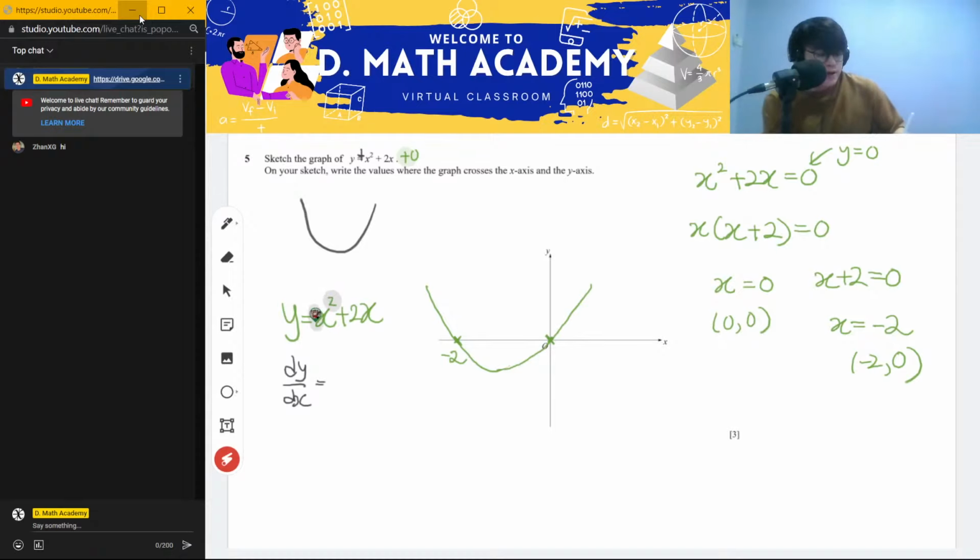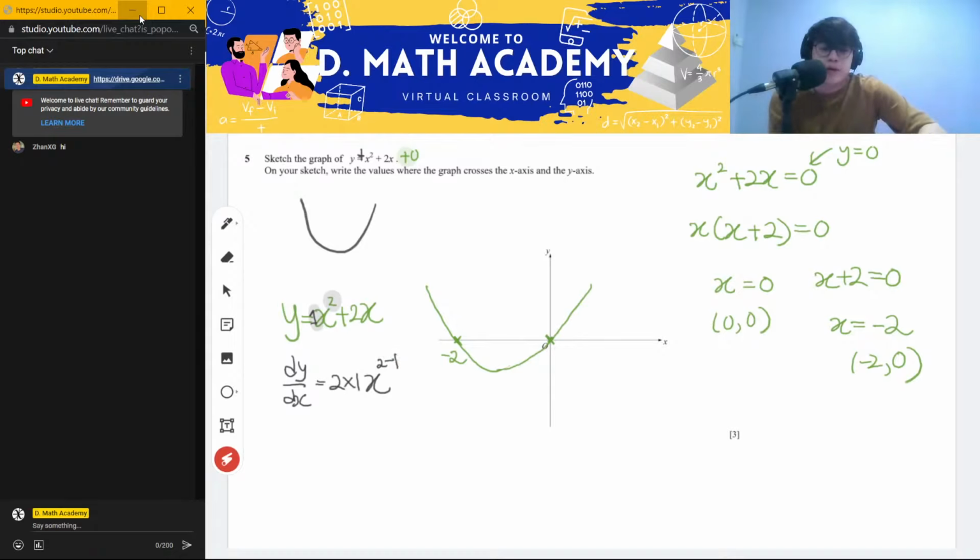Like this x squared here is automatically 1x squared. By transferring the 2 to the front, 2 times 1, and then your x, the 2 is from the power that they gave you. And because you transfer the power out, the power that you have right now will be decreased by 1.